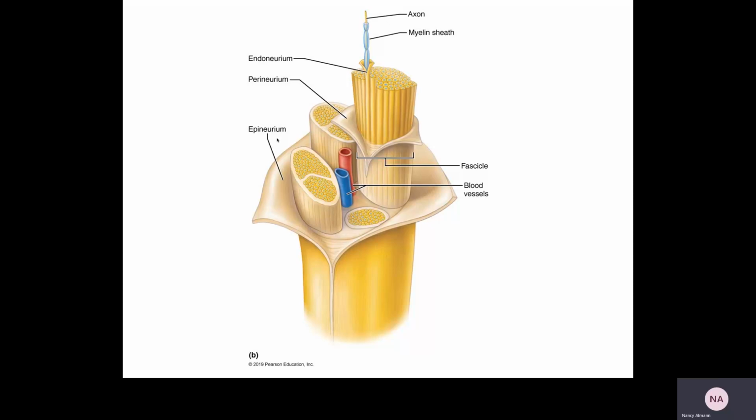So this is what I want you to do. I want you to make a chart. On one axis, I want you to put the divisions of the nervous system. You usually put those divisions, peripheral nervous system, central nervous system, on the left part of the chart, the left axis. And at the top of the chart, I usually put these headings.